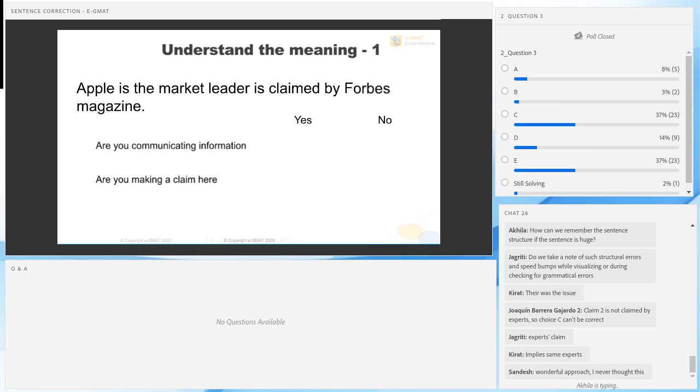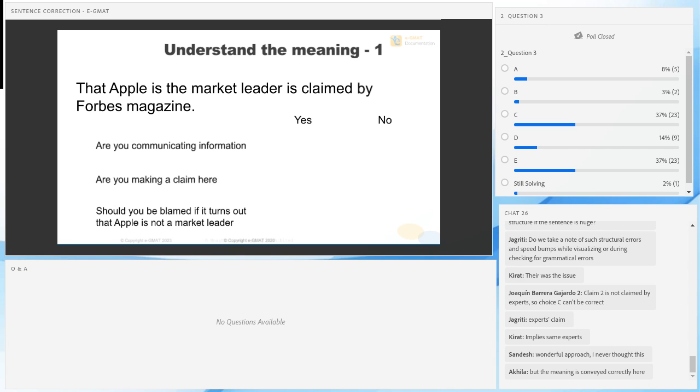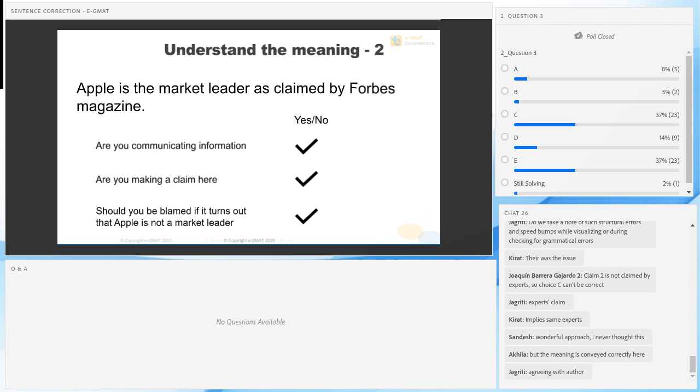When you're saying as claimed by a few experts, let's take a look at this. Apple is the market leader is claimed by Forbes magazine. In this case, as an author, you are simply communicating information. You are not the one making a claim. But if you say as claimed instead of is claimed, then what you're saying is Apple is the market leader, you are making that claim, and you're agreeing with the author.